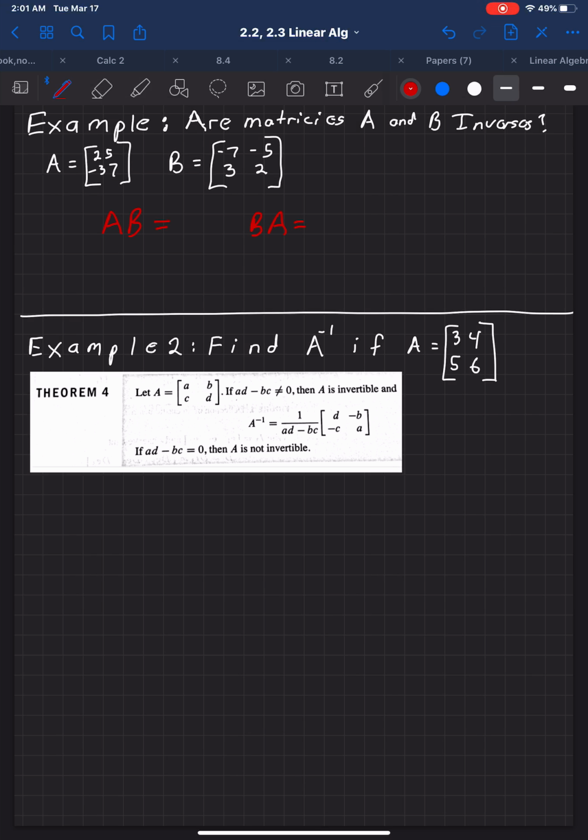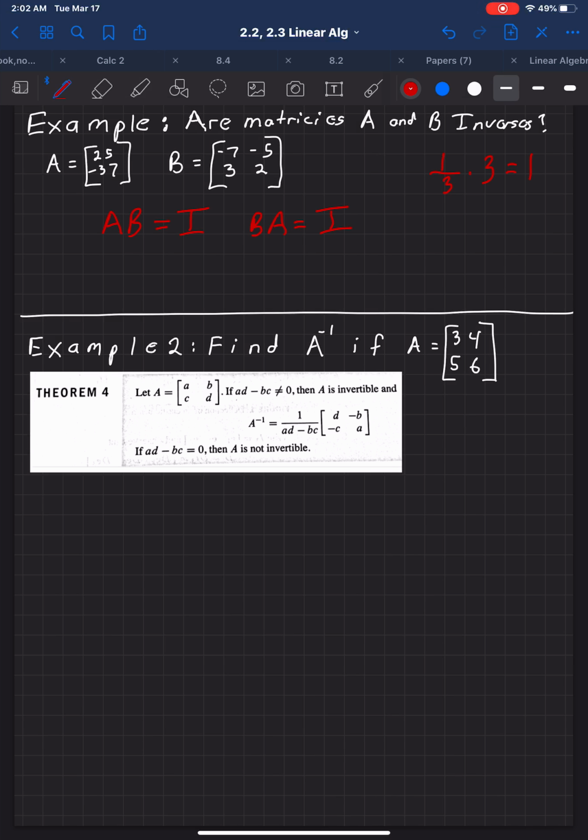If you were daydreaming the last 10 minutes, remember we said any number multiplied by its multiplicative inverse is equal to 1. So if indeed A and B are inverses, then what we should expect is that the multiplication of A times B gives us the identity matrix.